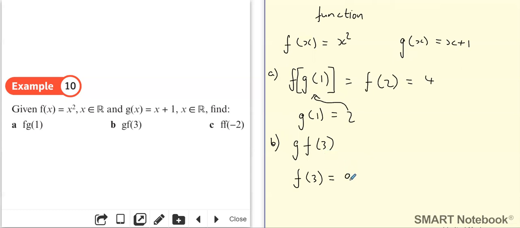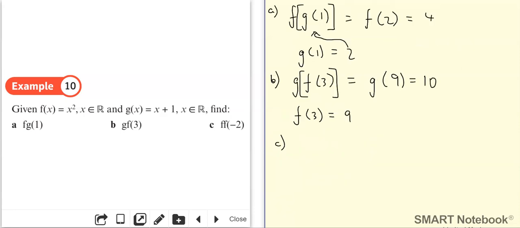Right, so f of 3 is 9, so I now need to work out g of 9, because it's gf of 3. And g of 9 is going to become 9 plus 1 is 10, so we get 10 there. Okay, that's all it is.